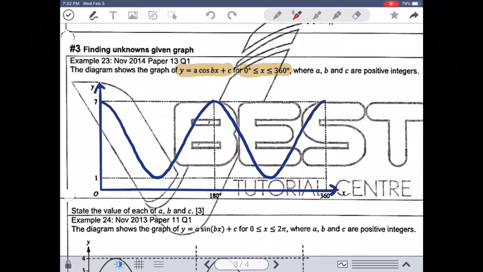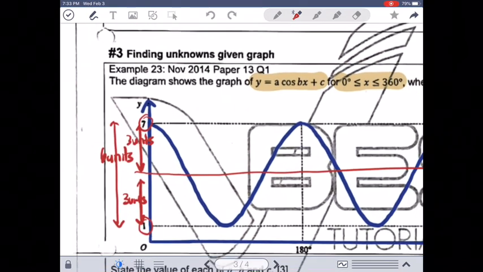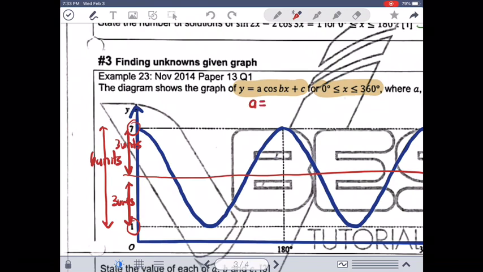If you look at this graph, basically if you divide this graph into two sections, you will have from top to bottom 7 minus 1. So you should get 6 units. Okay, 6 units means that from top to middle and from middle to bottom there will be 3 units, down 3 units, up 3 units. So the value of a is just equal to 3.